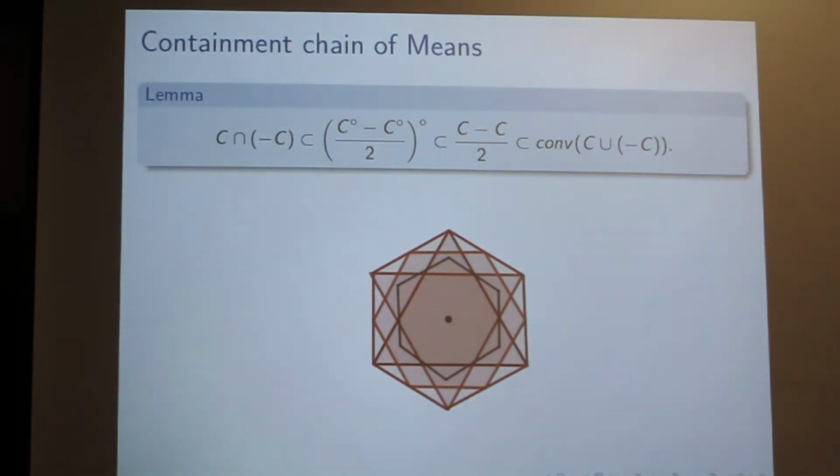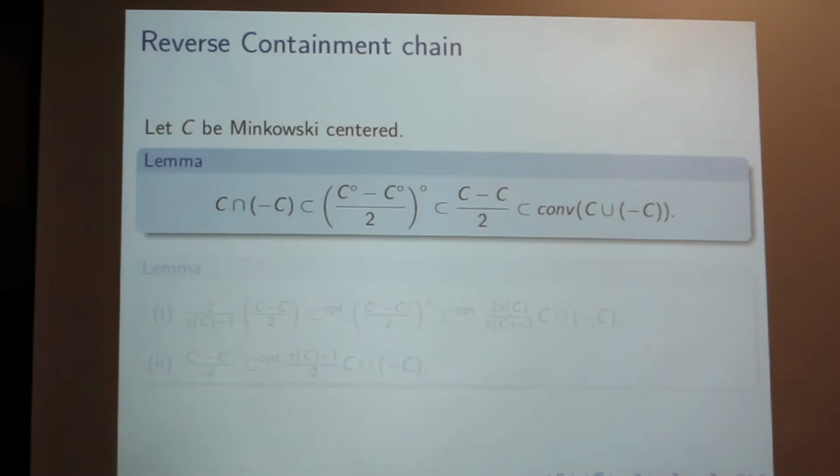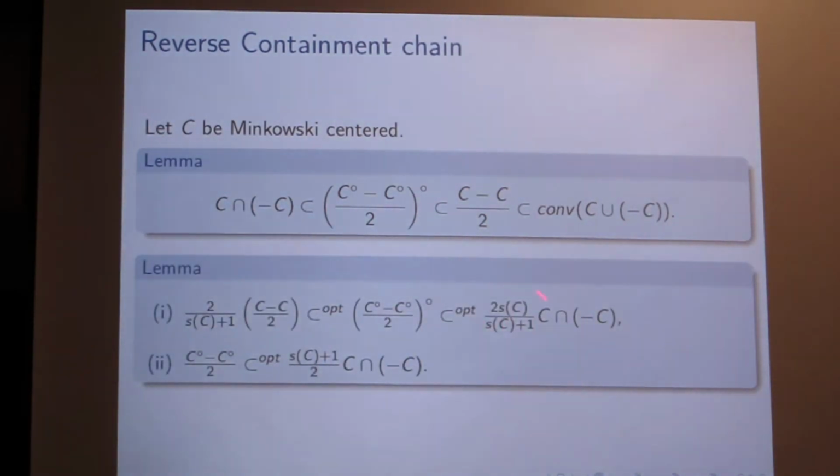So we have the containment chain in one direction, but we also need, in order to use this for the diameters, to have the inverse chain. So we want to know the factor that we need, for example, for the convex hull to be contained in this section. And in order to do this, we will now use our Minkowski asymmetry factor.